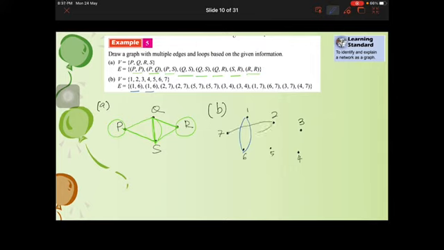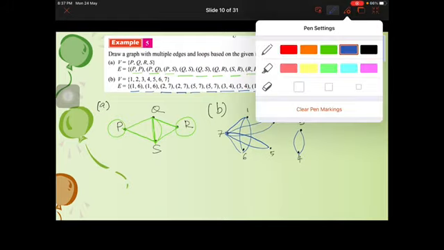Okay, 5, 7. Okay, 3, 4. Okay, again multiple edges, 3, 4. 1, 7, 1 edge, 6, 7 also 1 edge.